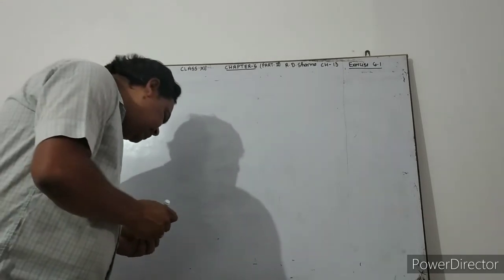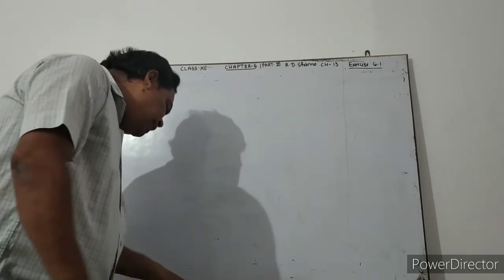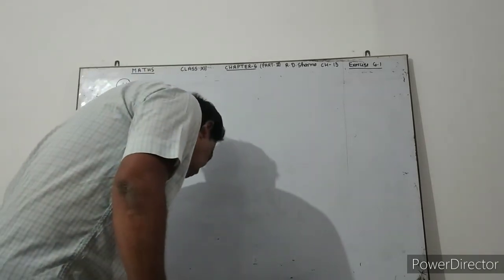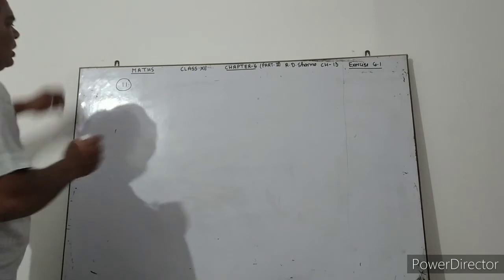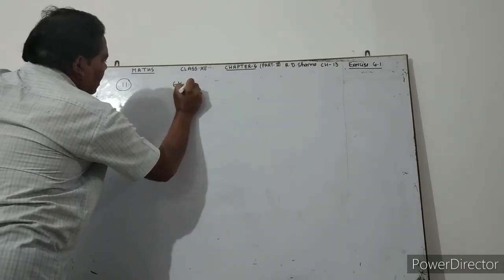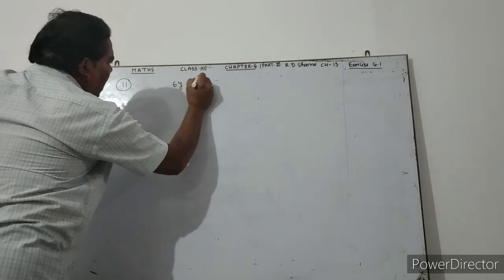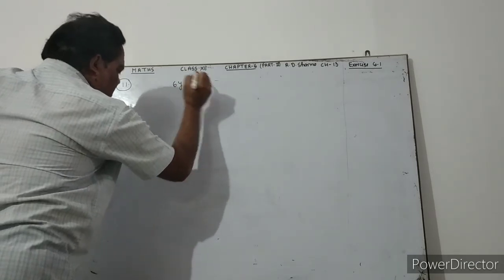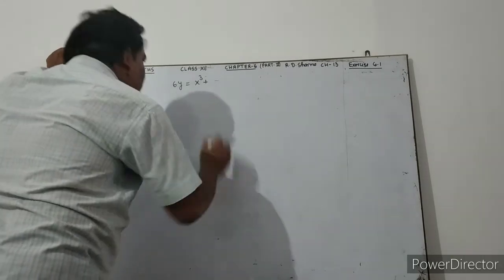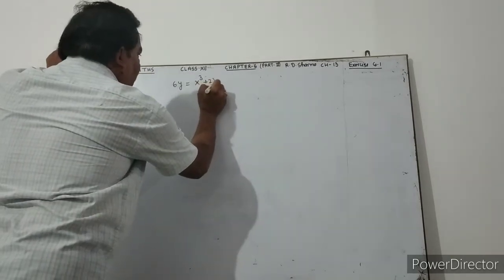The question is, a particle moves along the curve 6y equal to x cube plus 2.